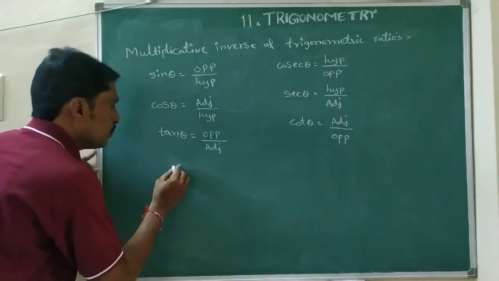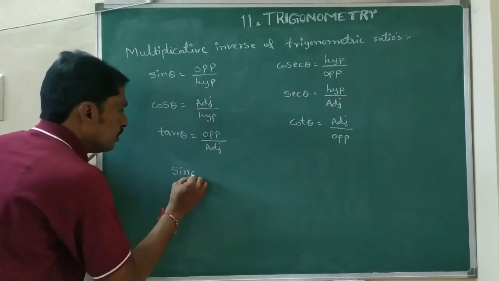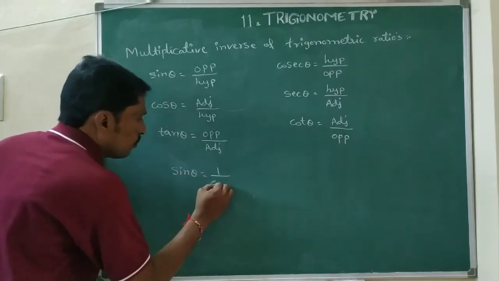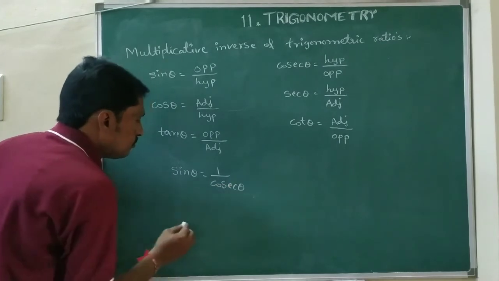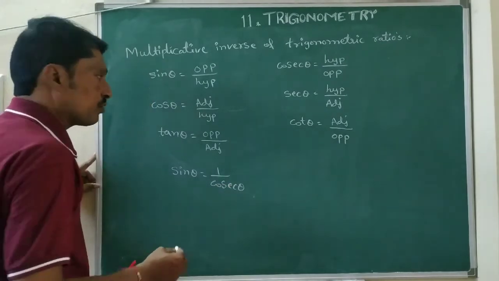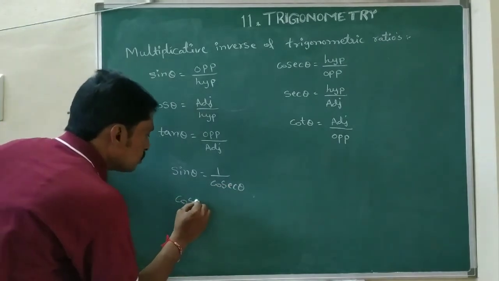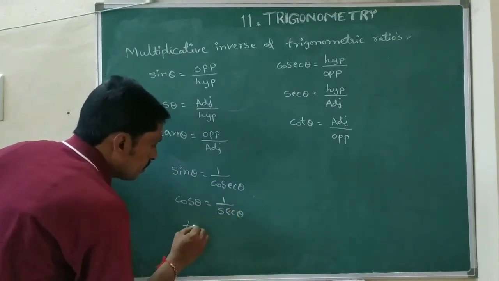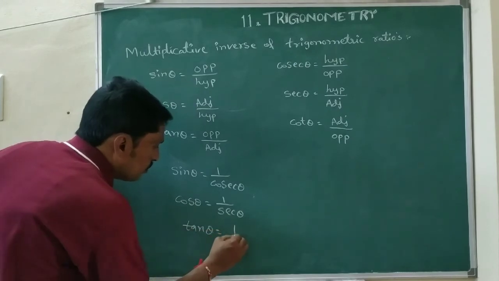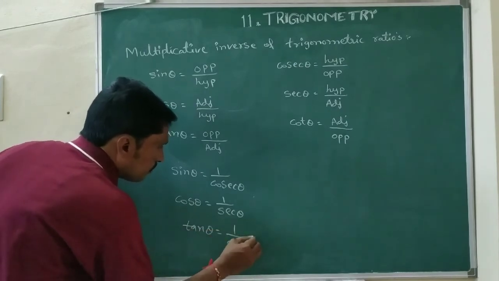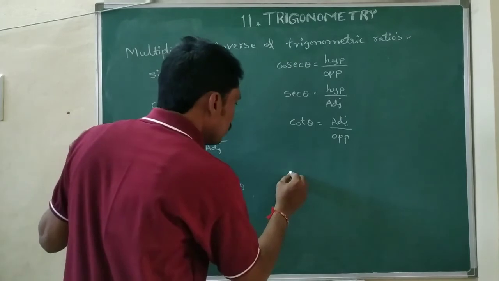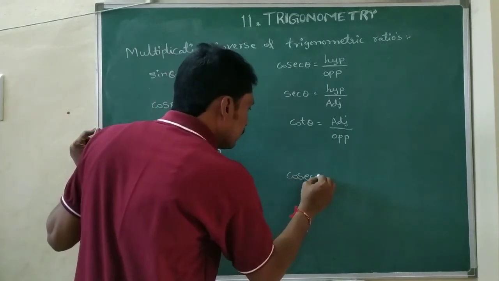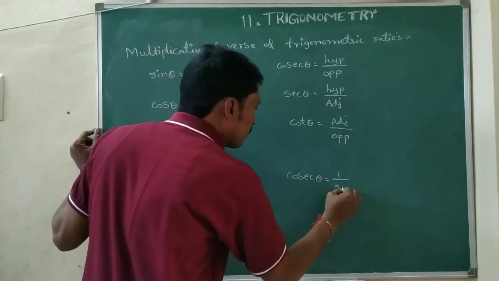So how do we take the multiplicative inverse? Sin theta equals 1 by cosec theta. Cos theta equals 1 by sec theta. Tan theta equals 1 by cot theta. Here, cosec theta equals 1 by sin theta.